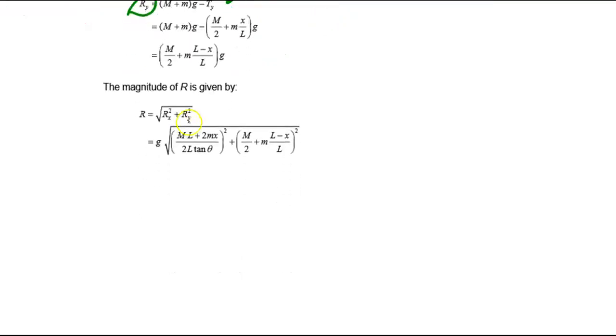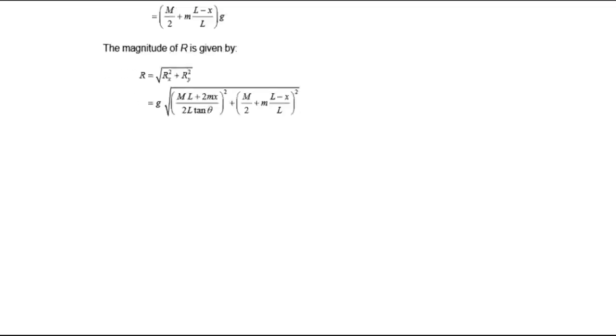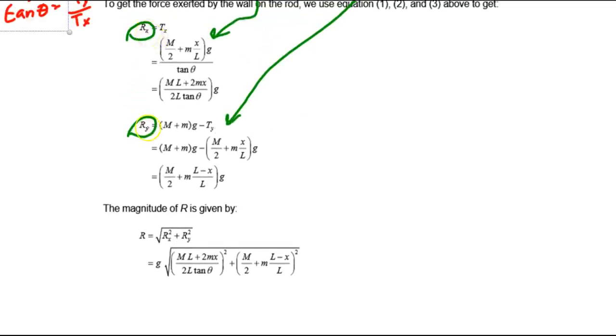And in order to get the magnitude of force R, then you could just do Pythagorean theorem. It's a fairly complicated form that it takes on, but it's just Pythagorean theorem with these really fancy forms of Rx and Ry that we've solved for already.